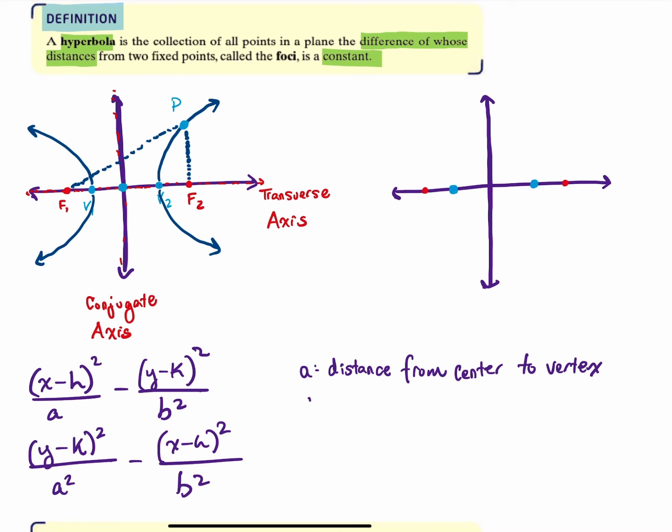The value c, which we don't have in the equation, would be the distance from the center point to the focus points. So similar to our ellipses, from center to the focus.